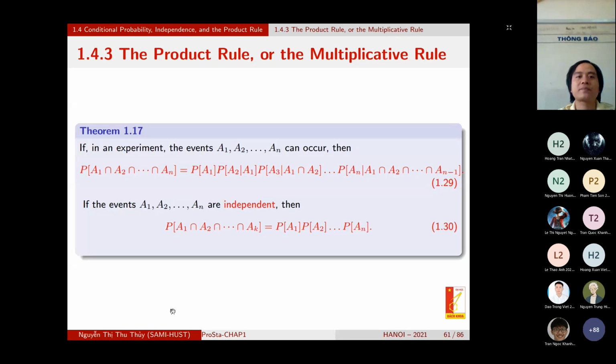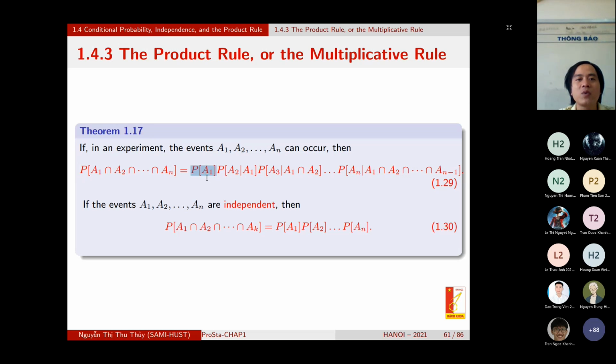For example, theorem 1.17: we consider n events from A1 to AN, and then we can extend the multiplicative rule to formula 1.29. That means to compute the probability of the intersection of A1 to AN, we split it into simple cases.